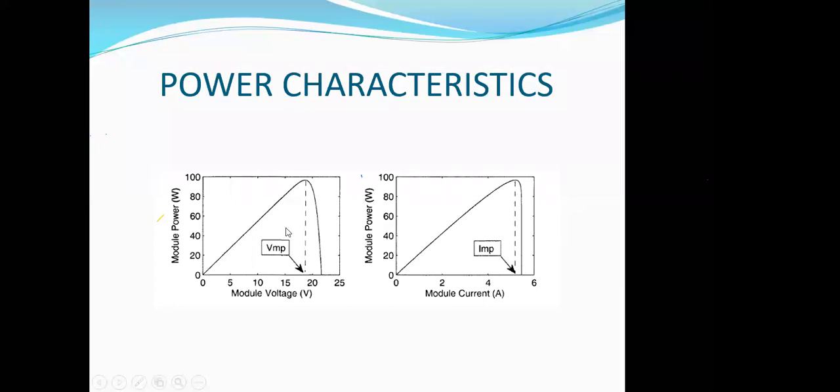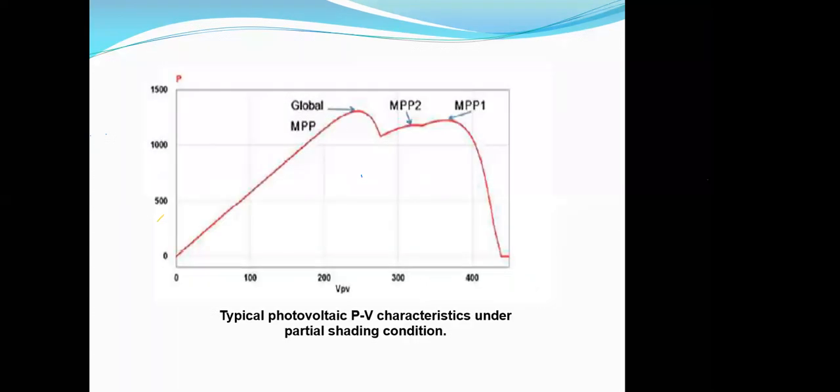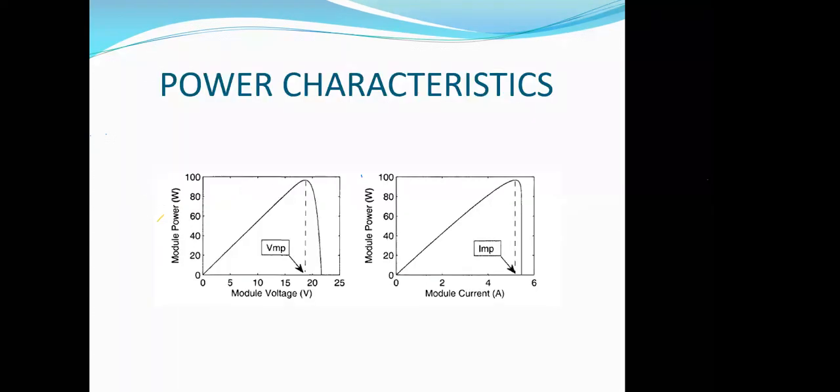As an engineer or a scientist, or basically as an electrical or electronics engineer, our aim is to track this maximum power which we are having at that point. This is the Pmax, it's called, and at that point we are having a voltage.